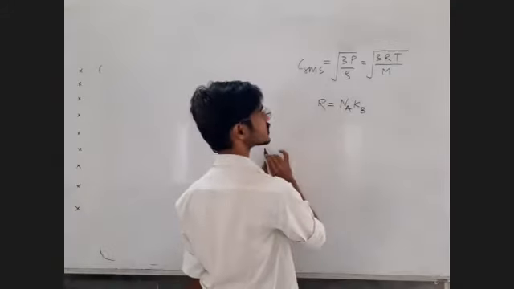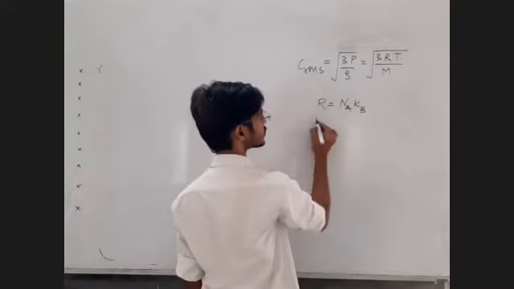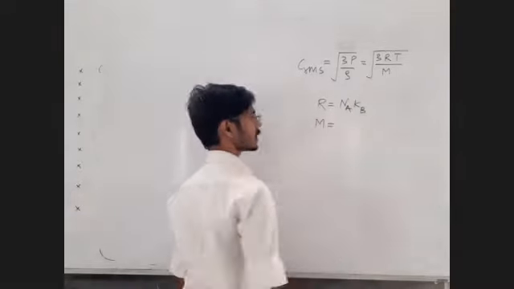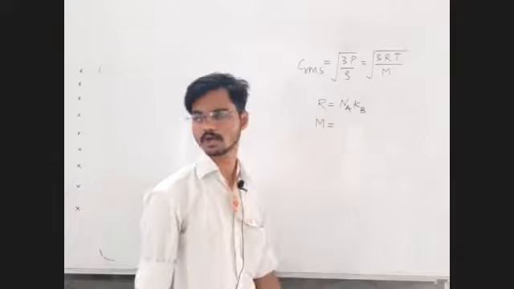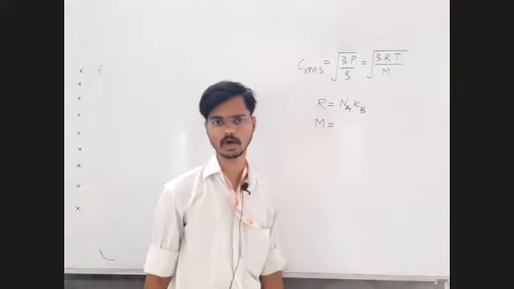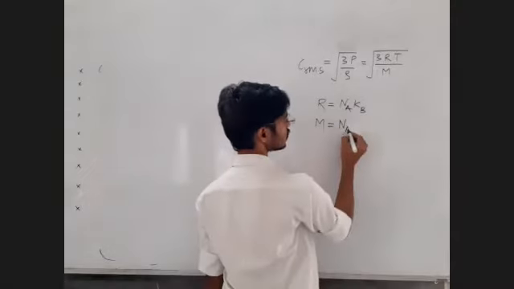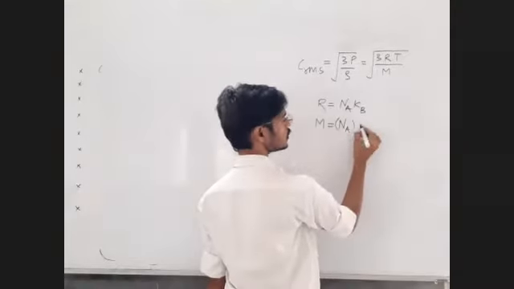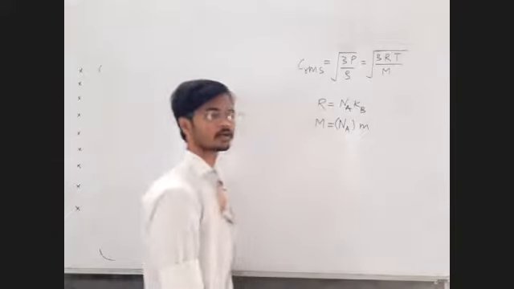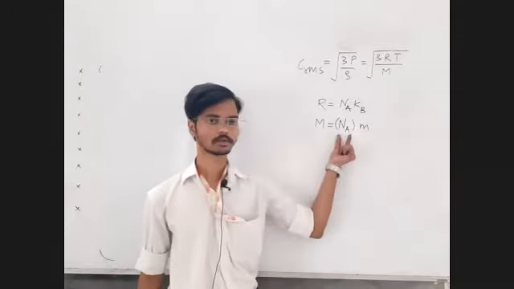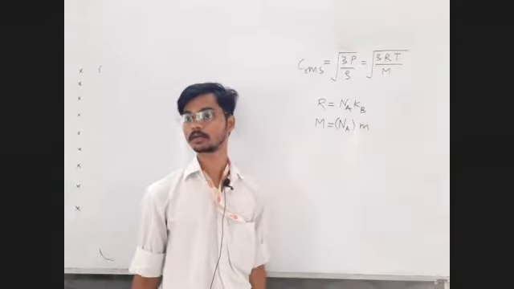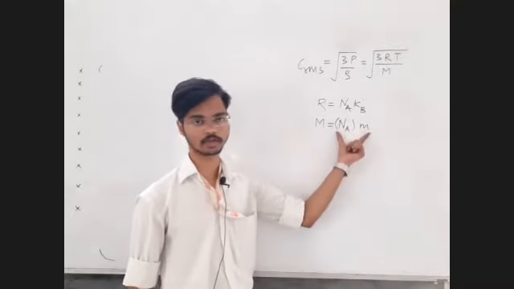First replacement is for R, and the second replacement is for molar mass. Molar mass means mass of 1 mole, which is total number of molecules into mass of single molecule. It is going to be mass of all the molecules.